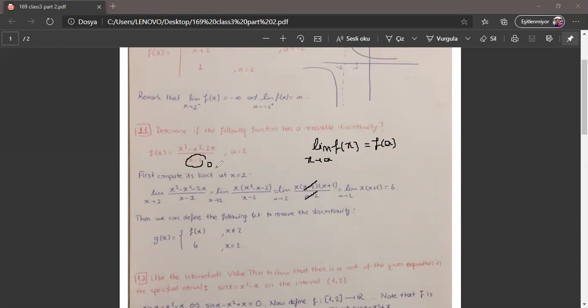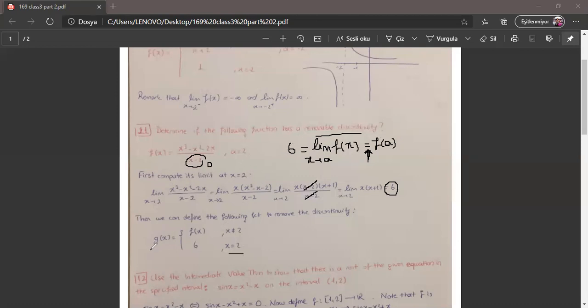So we need to define it at this point 2 with the same value as its limit, because we need to have this equality to remove its discontinuity, okay? So we know its limit is 6, so it should be defined at this point 2 as 6.